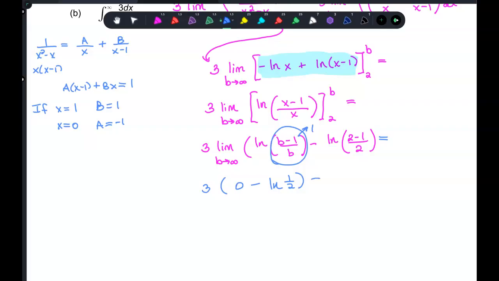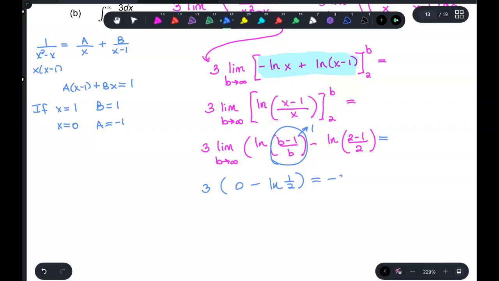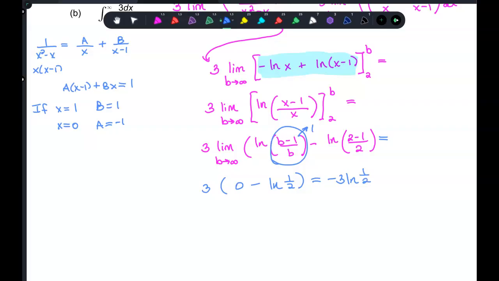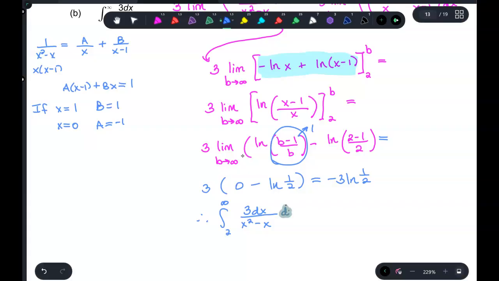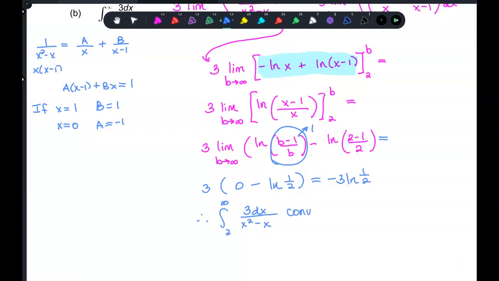And that's what we get. Therefore, the integral from 2 to infinity of 3 dx over x squared minus x converges to negative 3 natural log of a half.